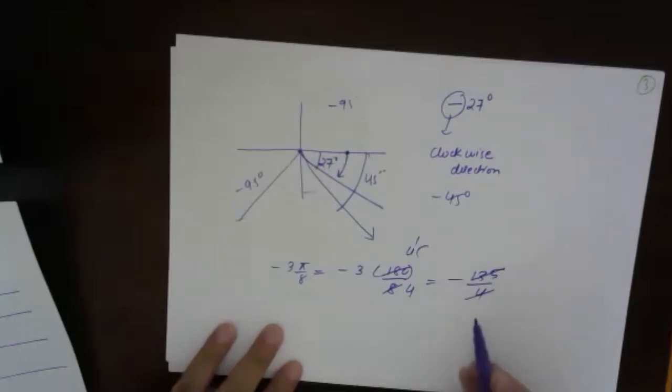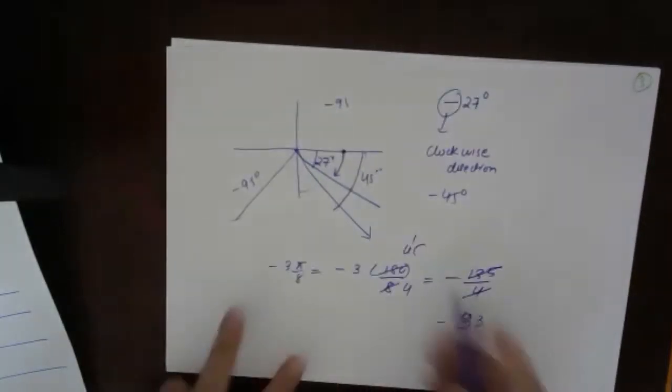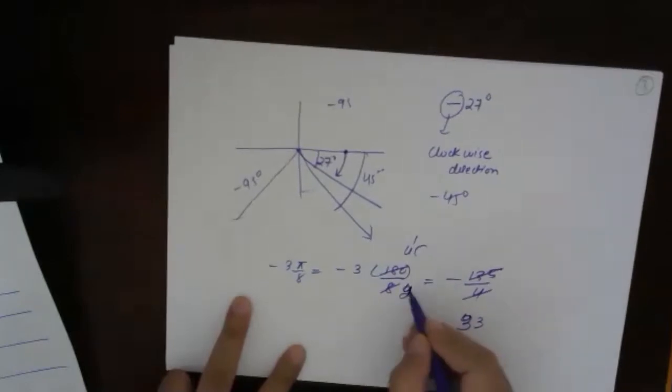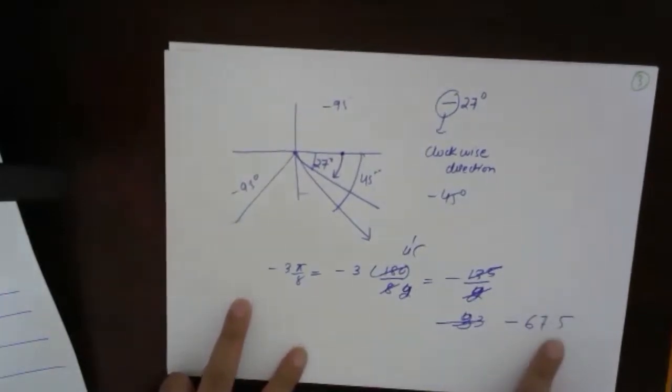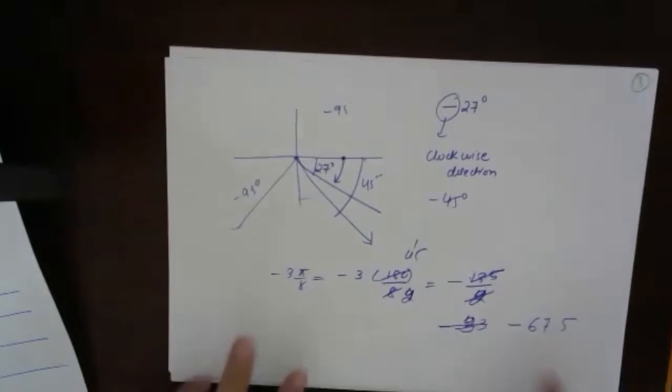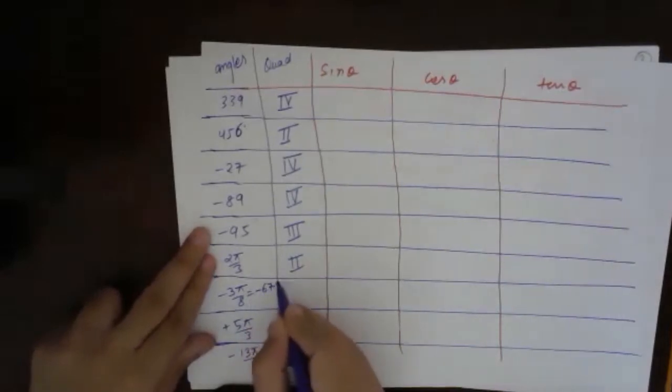So this is approximately minus 67.5. So minus of 67.5, right? This is equal to minus of 67.5 degrees.